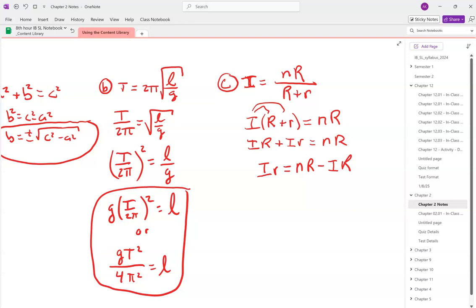Capital R. Yeah, we can factor that capital R. And then if we divide by n minus I, we're there, right?